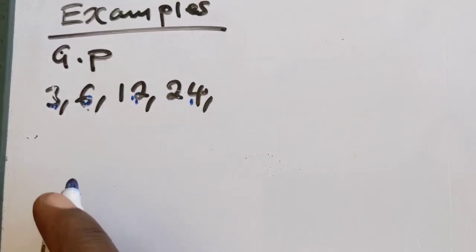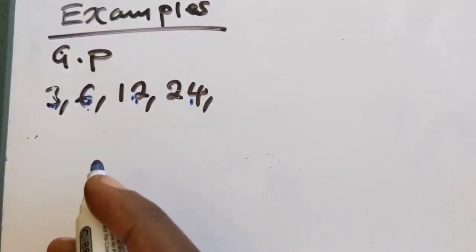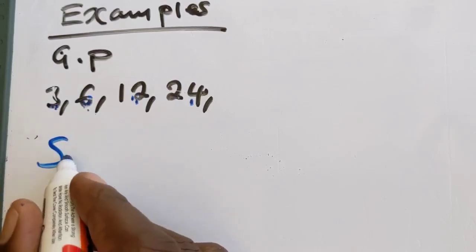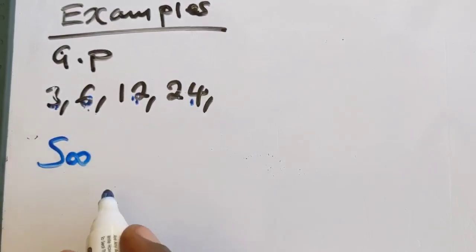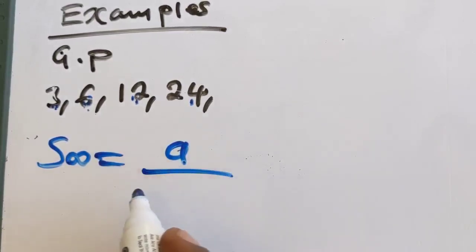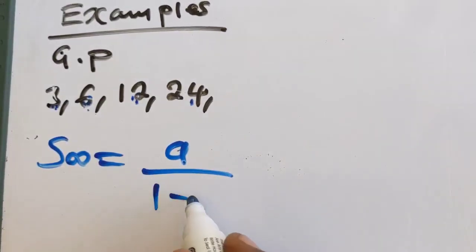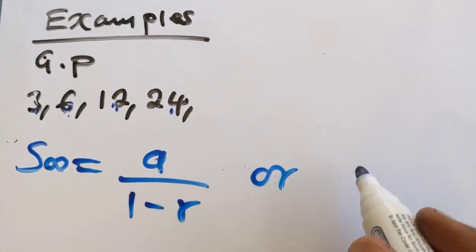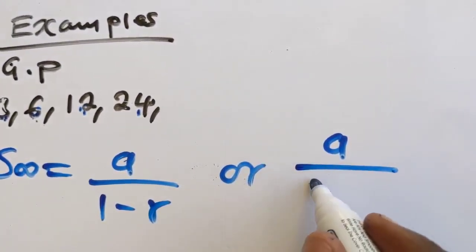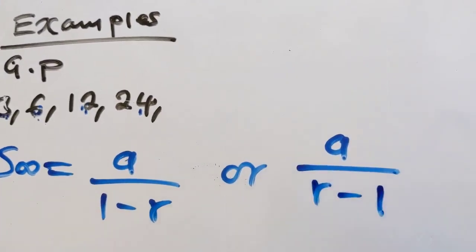The sum to infinity is denoted like this, and it is equal to a over 1 minus r, or a over r minus 1.